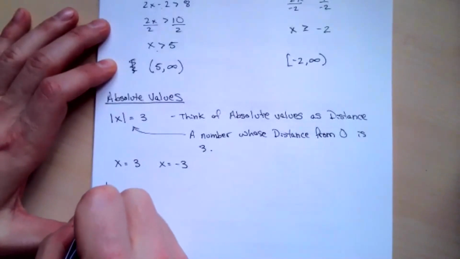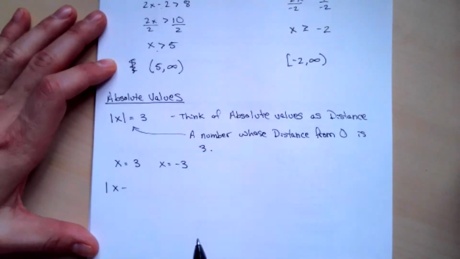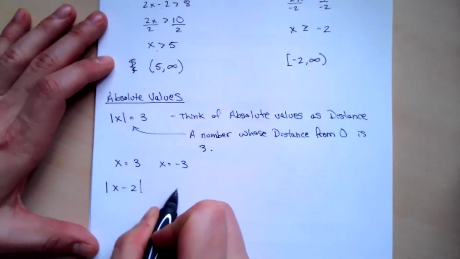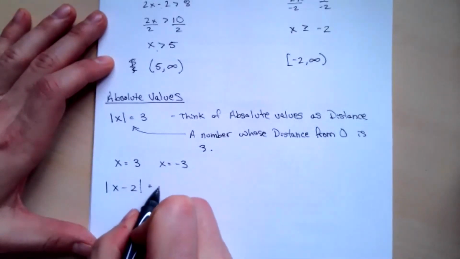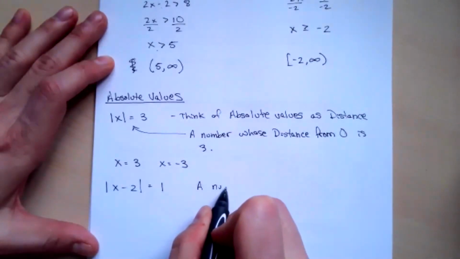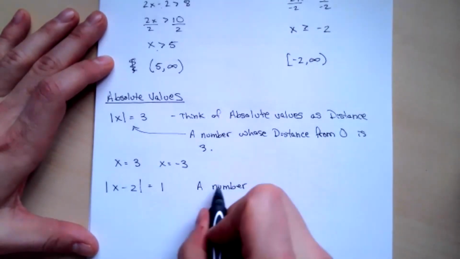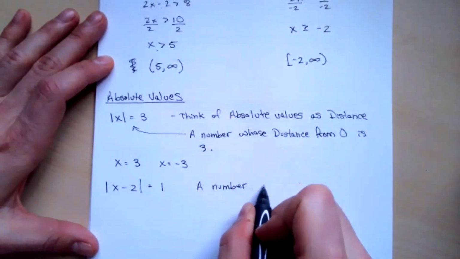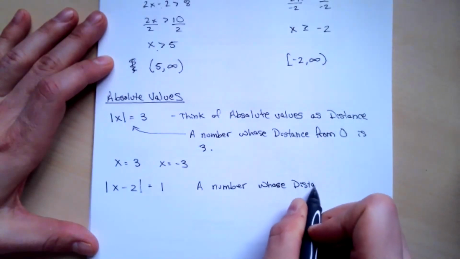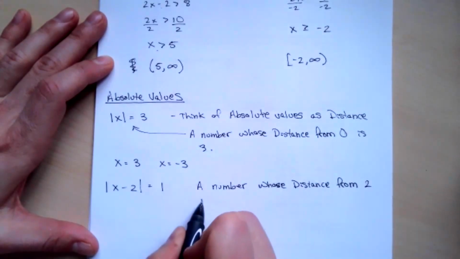If I have something like the absolute value of x minus some number, that number is then considered the base point. So for example, absolute value of x minus, let's say 2, is equal to 1. What this means is a number, or the set of numbers, I guess we could say, whose distance from 2 is 1.